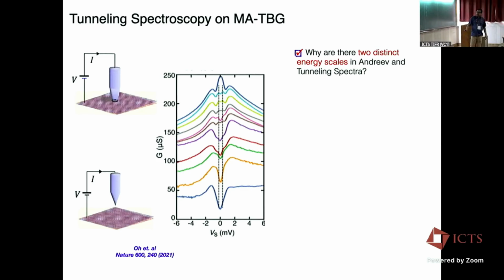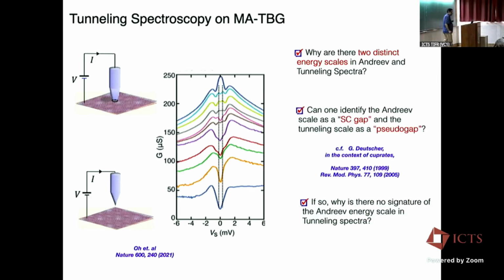So remember, it's not that the Andreev shows one scale and the tunneling shows a single scale, except the numbers don't match with each other. This is a data where they are basically taking the tunneling tip closer and closer and closer, and you can see that there's this new scale appearing, where this is at when you are doing an STM-like measurement far away from the sample. Okay, so you're going from here to there.